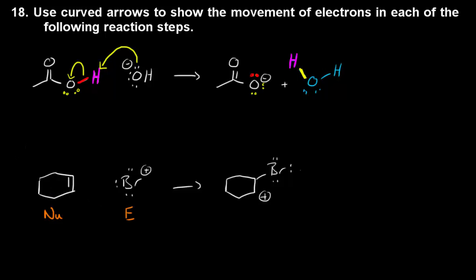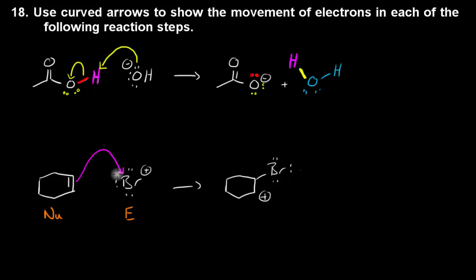Okay, so again, let's go ahead and try to start electron movement and stop electron movement. Because this is the nucleophile, we know that the base of the arrow has to originate on this molecule, and specifically the location where there's an excess of electron density is right here on the double bond. So we're going to take the electrons that used to be here, and we're going to start electron movement here, and we're going to stop electron movement here on the bromine.